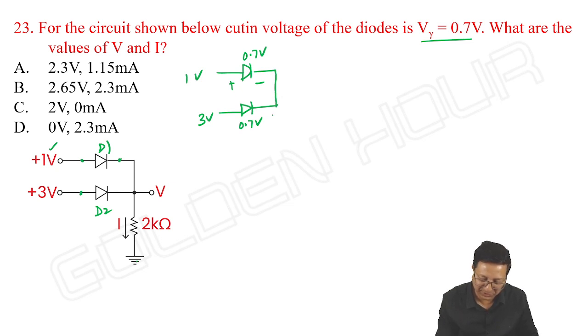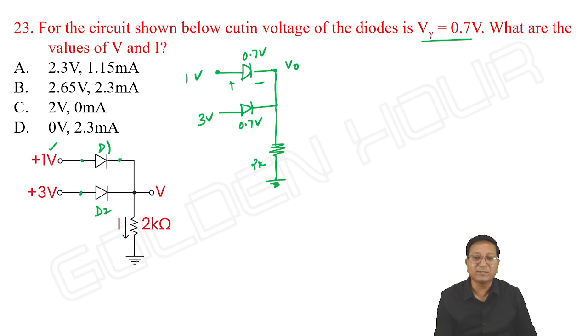Both cathodes are shorted and going to the 2 kilo ohm resistor. Then what will be the voltage here, V output? With respect to D1, it is 1 minus 0.7.